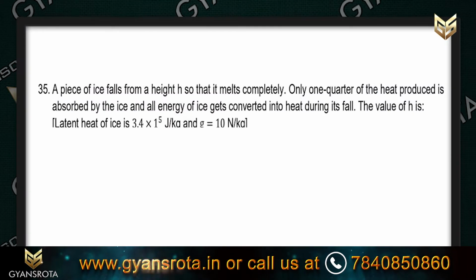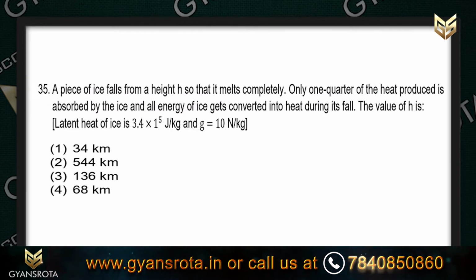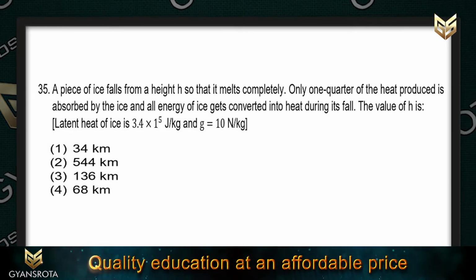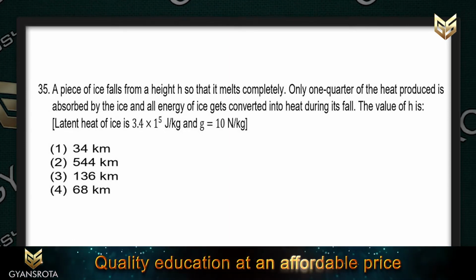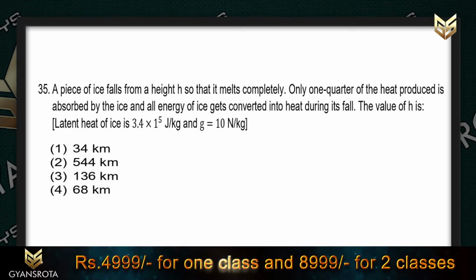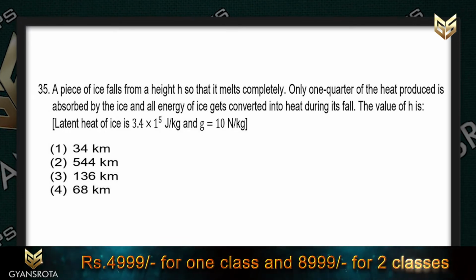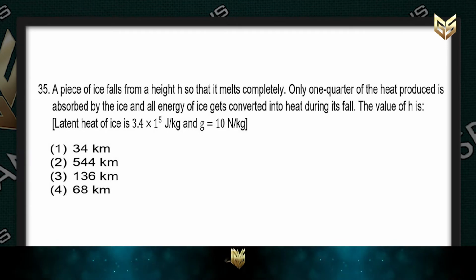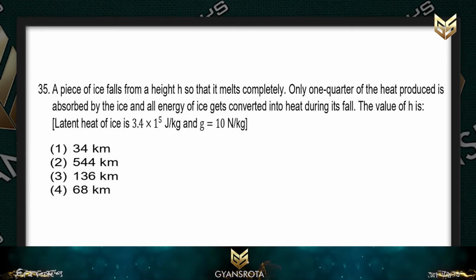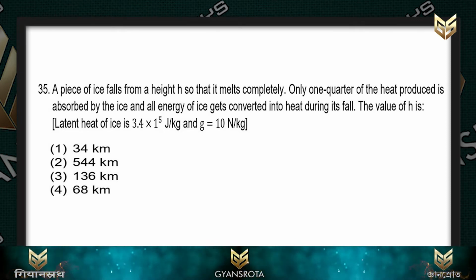A piece of ice falls from a height h so that it melts completely. Only 1/4 of the heat produced is absorbed by the ice and the energy of ice gets converted into heat during its fall. So, you need to calculate the value of the height h.